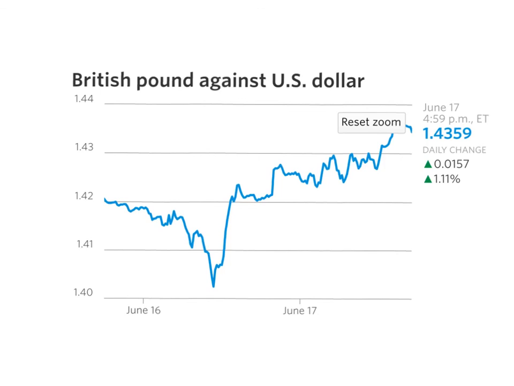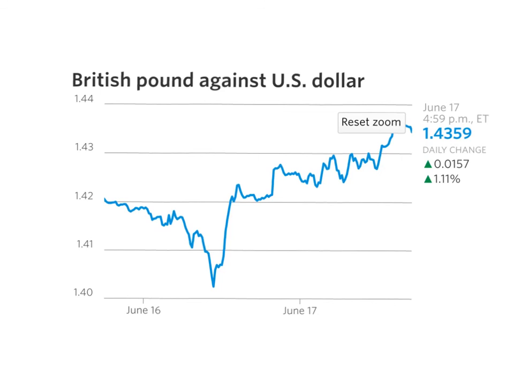What causes the change in the ratio in this particular case is news about the campaign for Britain to leave the European Union. And when the probability of Britain leaving the European Union seemed high, the pound fell. That's that big dip there.